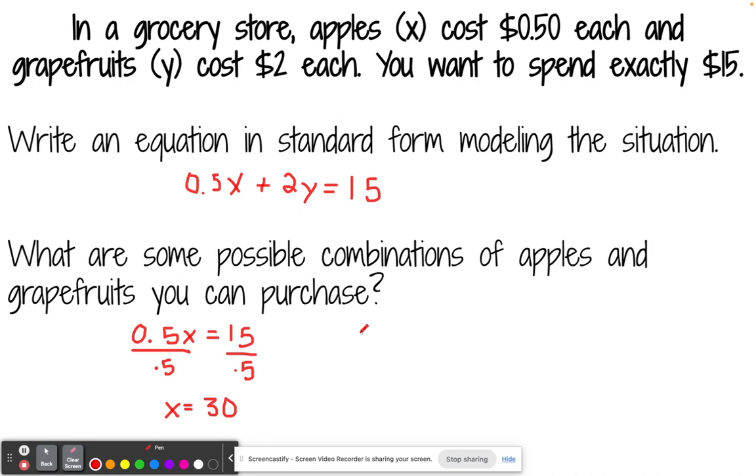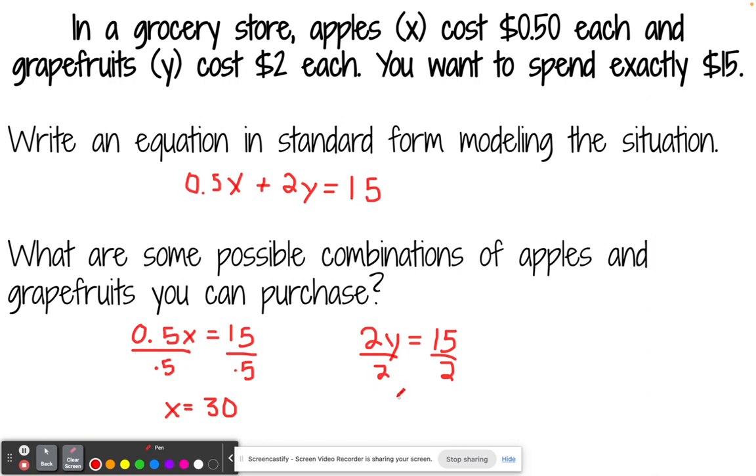What if I bought only grapefruit? Well, that's going to be a bit of a problem. I'll show you why in a second. If I bought only grapefruit, I can divide both sides by 2.